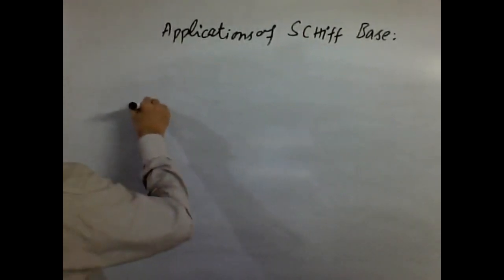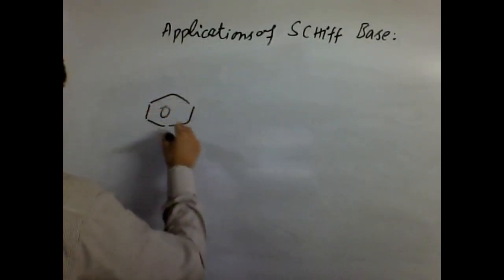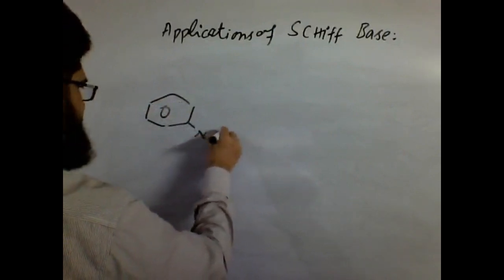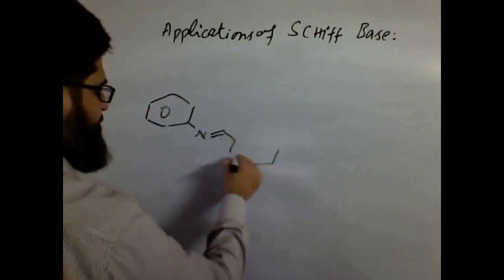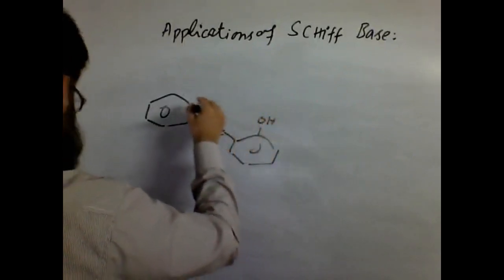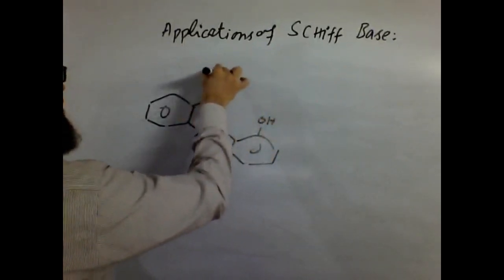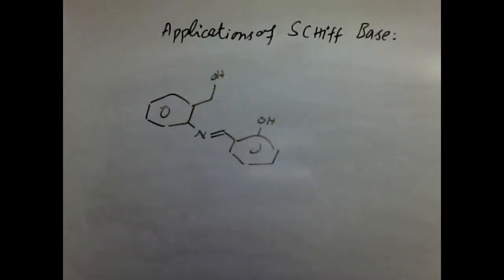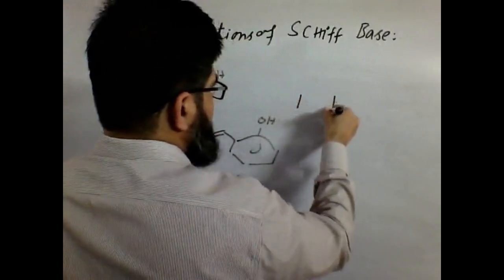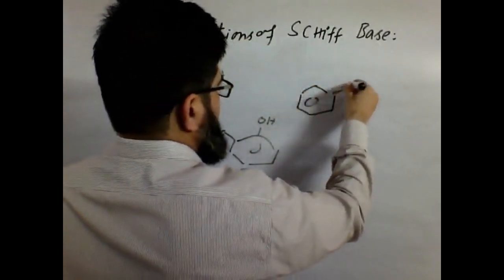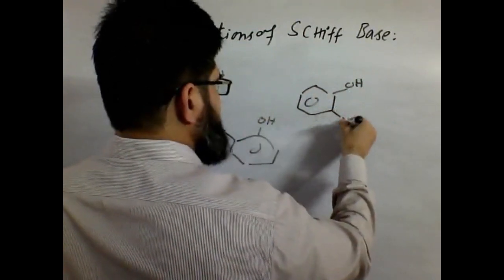Let me give you an example which I got from the literature. This is one of the colorant molecules which has been prepared, and is an example of Schiff based dyes.